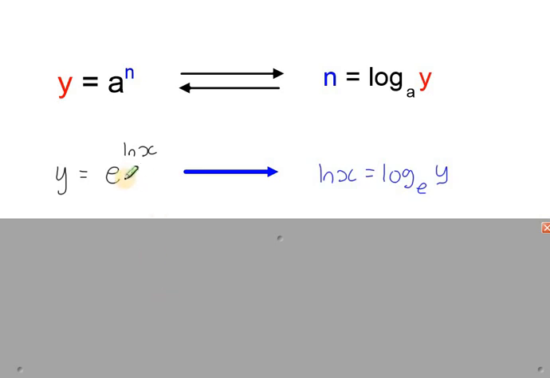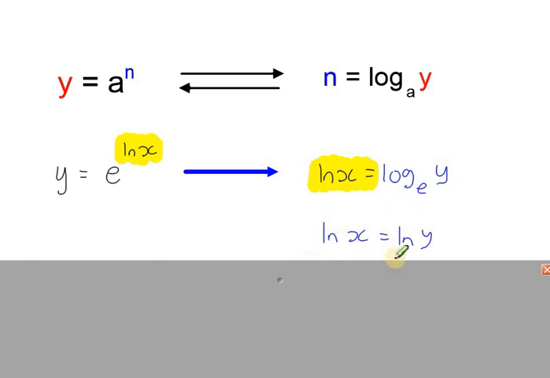So to simplify e to the power of ln x, I've made it equal to y. This is the exponential form. So in its log form we start with the power. So power equals the log base e of this value y, and we know that log of y to the base e, we can write this as a natural log, so we can write this as ln y.